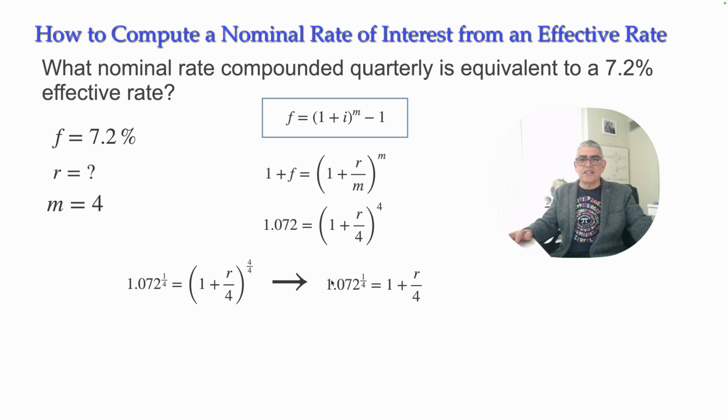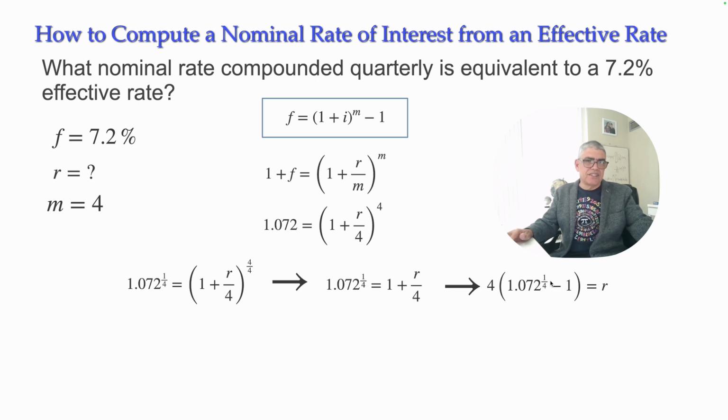And then this 1 goes to the other side, subtracting, and multiply everything by 4. So you know that R will be equal to 4 times (1.072 to the power 1 over 4 minus 1). And then use your calculator. 4 open bracket 1.072 to the power 1 over 4 minus 1.